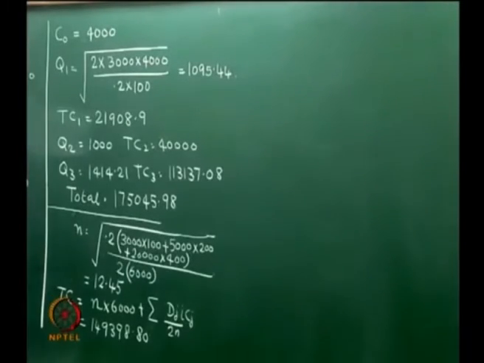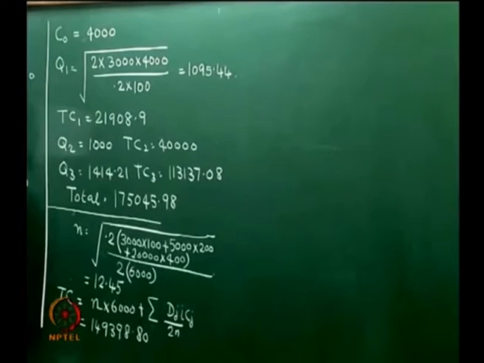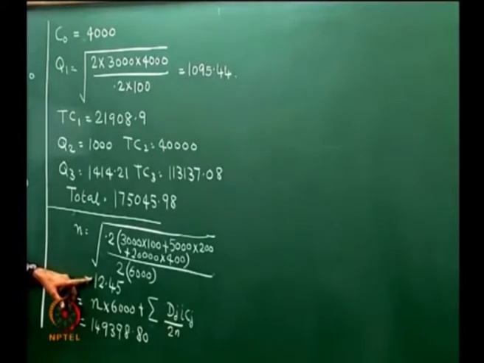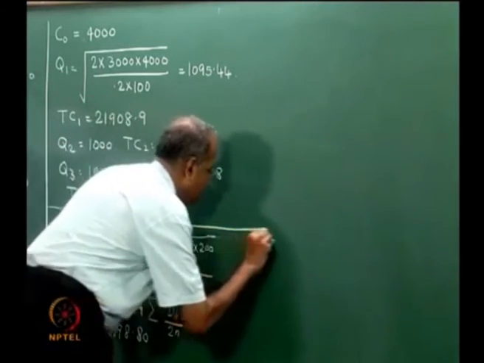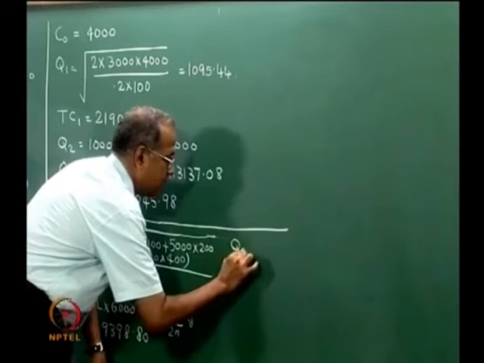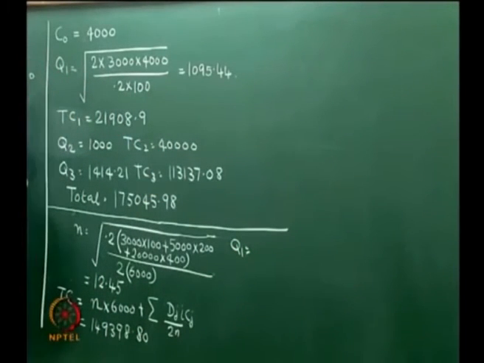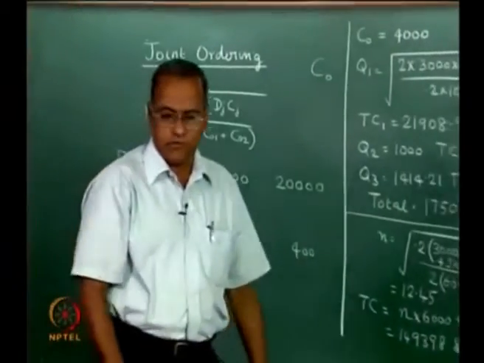Then there could be some other issues. For example, let us compute the order quantities for 12.45. So, when you have 12.45 orders, we realize that the order quantity Q1 is 3000 divided by 12.45.